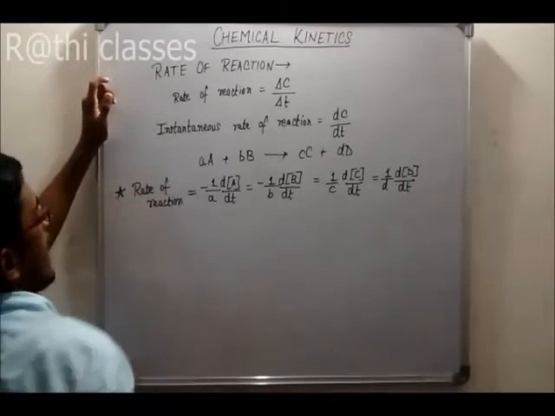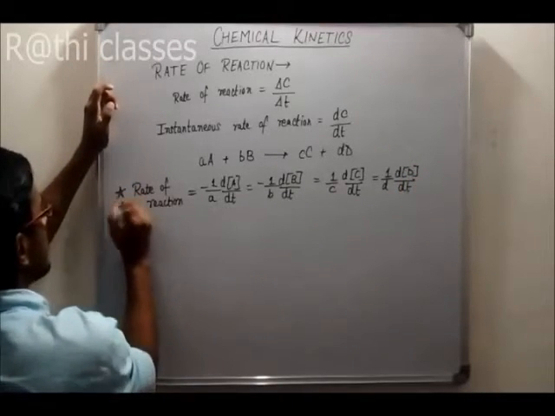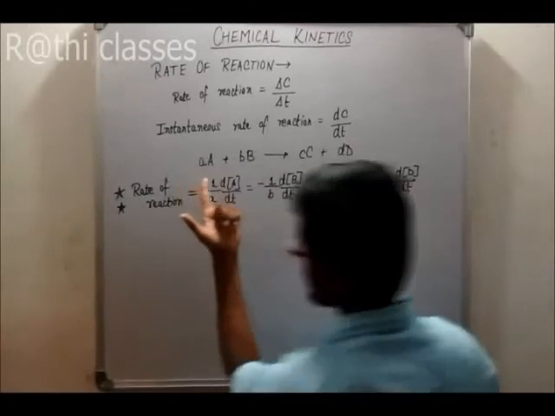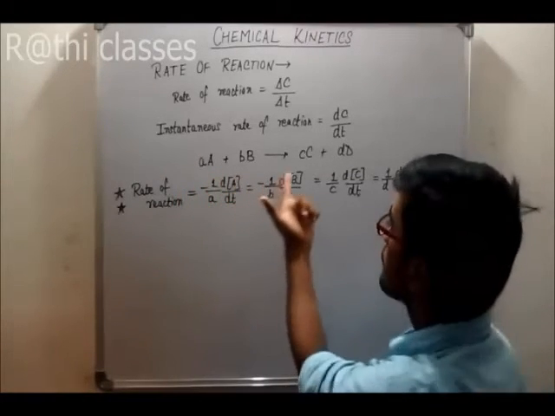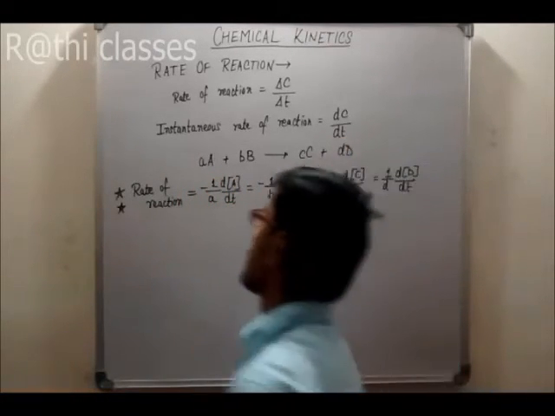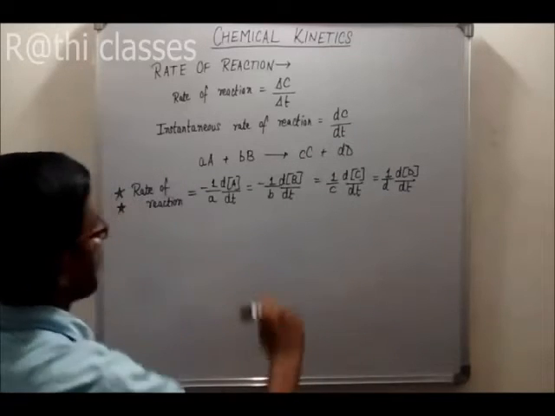For this reaction, a moles of A plus b moles of B gives c moles of C plus d moles of D, the rate of reaction is defined in this way.